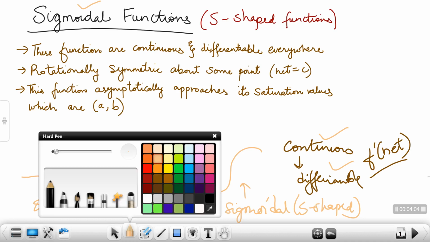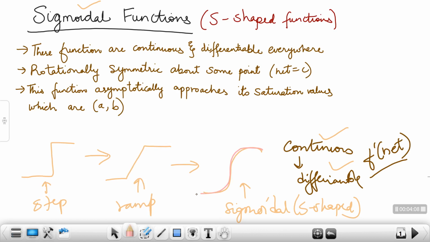Now, looking at this graph, is it continuous or discontinuous? Does it have a discontinuity like this or like these points? No. Because it is a continuous function, it will be differentiable everywhere, and that is the reason it is possible to find f dash of net.